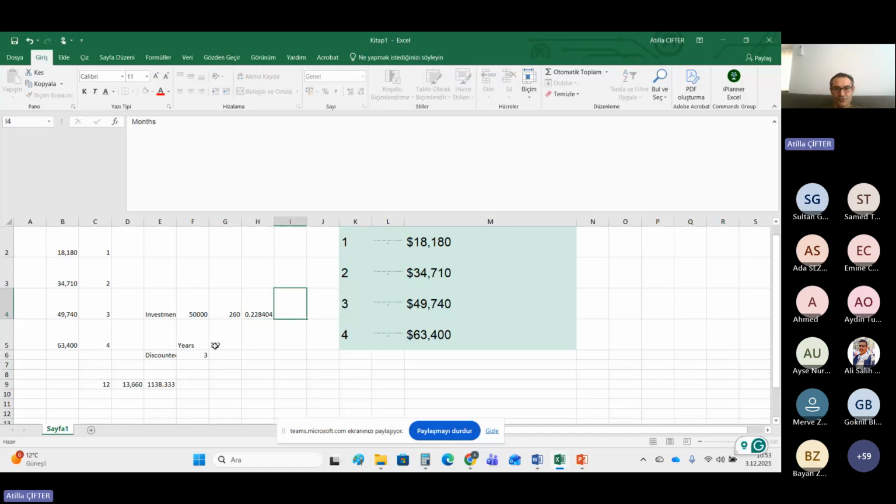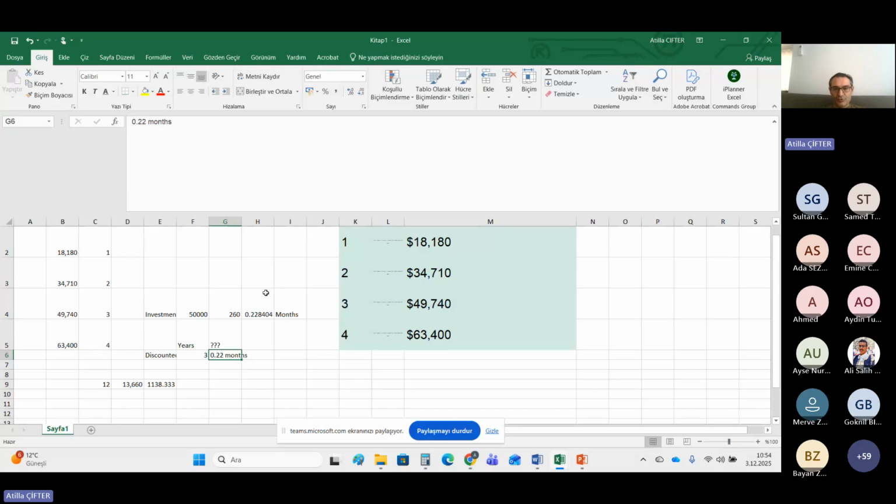Okay, 0.22 months. So the payback period with this discounted method is 3 years and 0.22 months later on, this investment is covered.